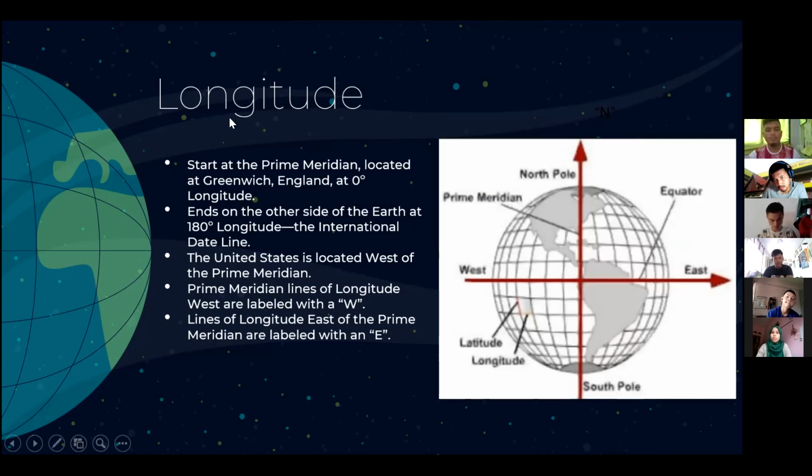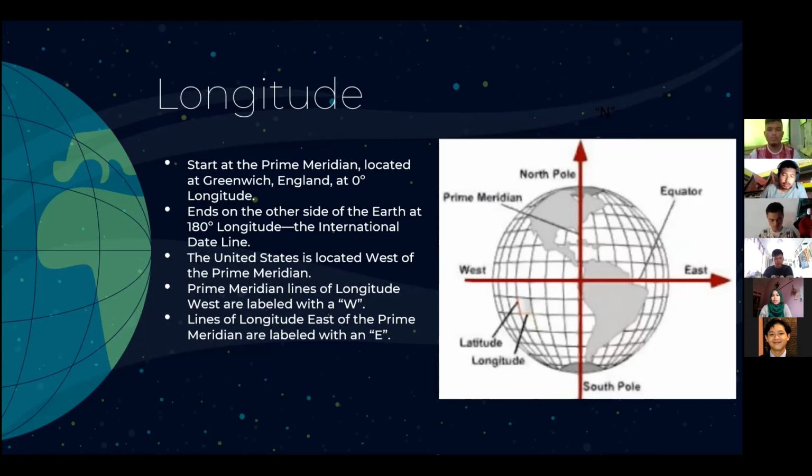Hi, I'm Juliyana. I will continue with the longitude part. Longitude starts at the prime meridian, located at Greenwich, England, at 0 degree longitude. It ends on the other side of the Earth at 180 degree longitude, also known as the international dateline.